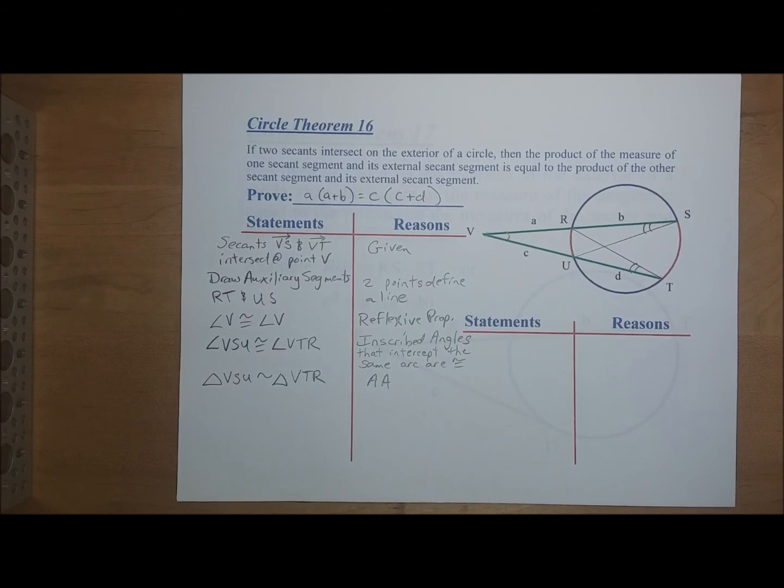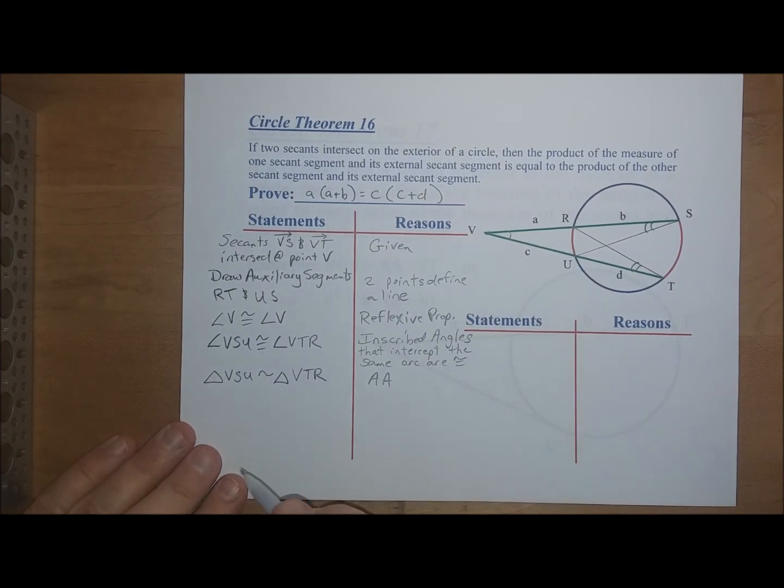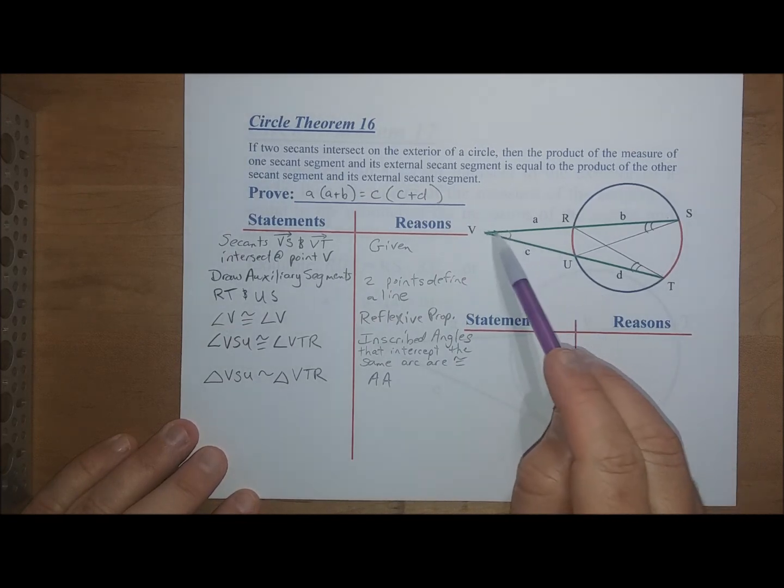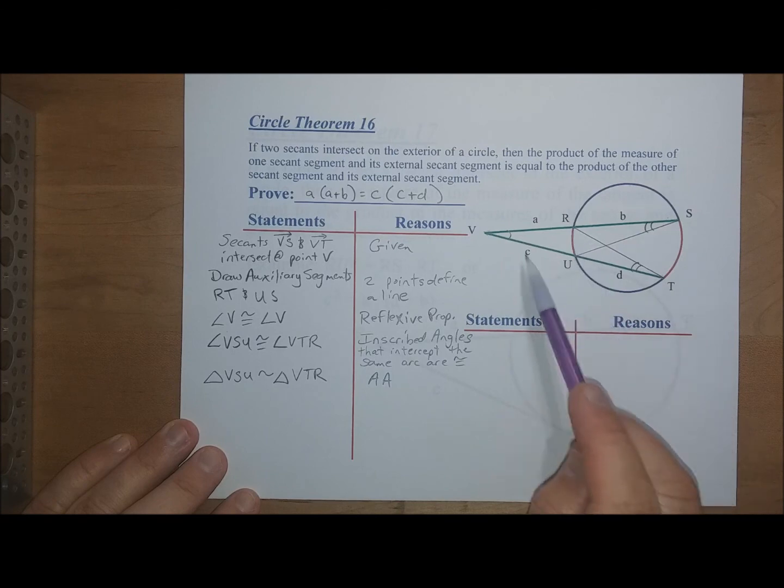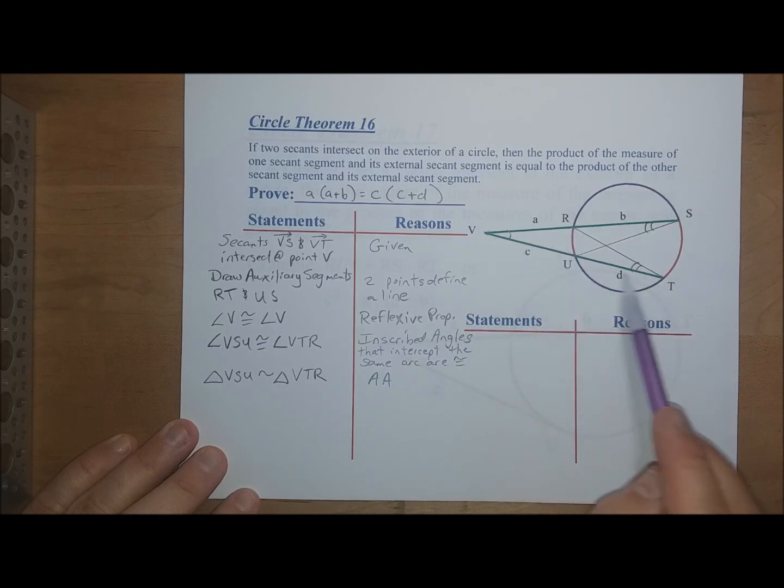Okay, so if these triangles are similar, do I know that I can set up some proportions? If I was looking at this triangle VTR, could I say A over C plus D? I'm going to compare this side to this side.